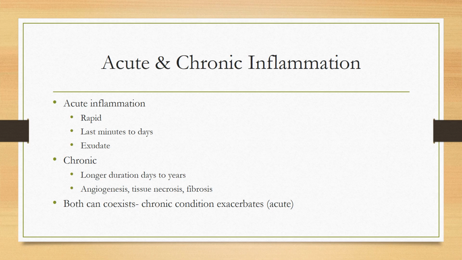So let's talk a second about acute and chronic inflammation. And so with acute inflammation, it's triggered by some kind of noxious stimuli, such as infection or injury, and it's usually rapid in the onset and is relatively short in its duration, lasting a few minutes to several days.